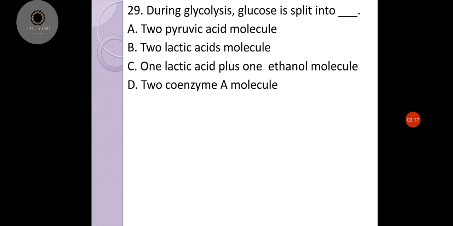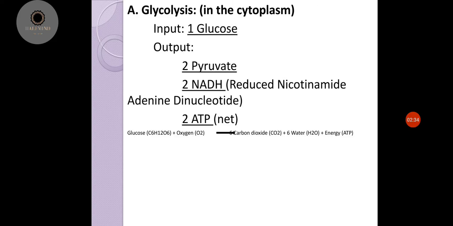29. During glycolysis, glucose is split into A, 2 pyruvic acid molecules, B, 2 lactic acid molecules, C, 1 lactic acid plus 1 ethanol molecule, or D, 2 coenzyme A molecules. Now, if we go back to the process of glycolysis, the products of glycolysis are 2 pyruvates, 2 NADH, and 2 ATP.